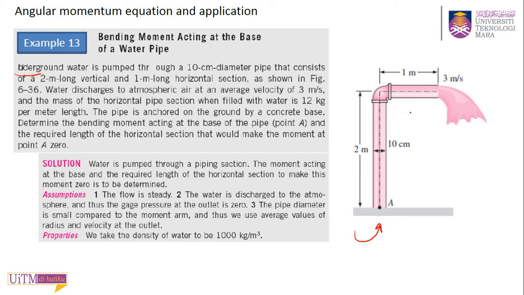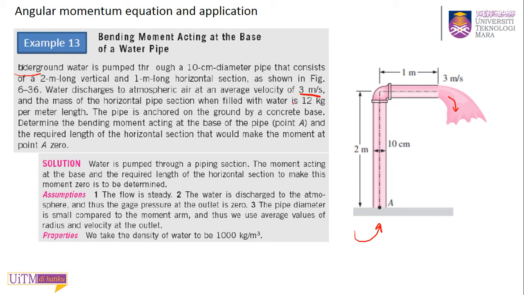This is the pipe with 10 cm diameter that consists of a 2 meter long vertical section and a 1 meter long horizontal section, as shown in the figure. The water is discharged through atmospheric air at an average velocity of 3 meters per second.